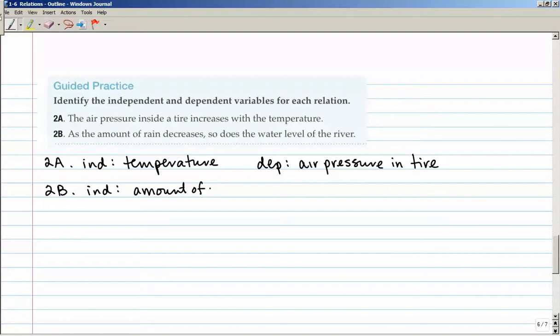So independent is the amount of rain. And think about it, that can change. Some years we get a lot of rain, some years we get hardly any. And then the dependent variable is going to be the water level of the river. Because the water level of the river, how high the water is in the river, depends on how much rain we get.